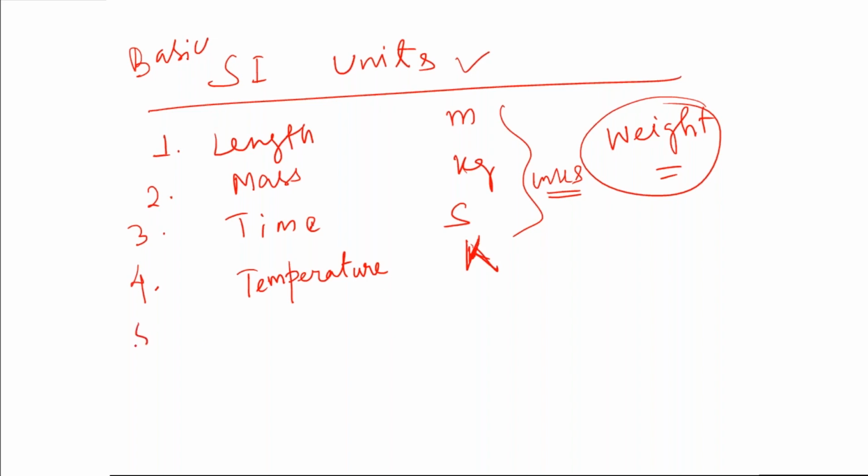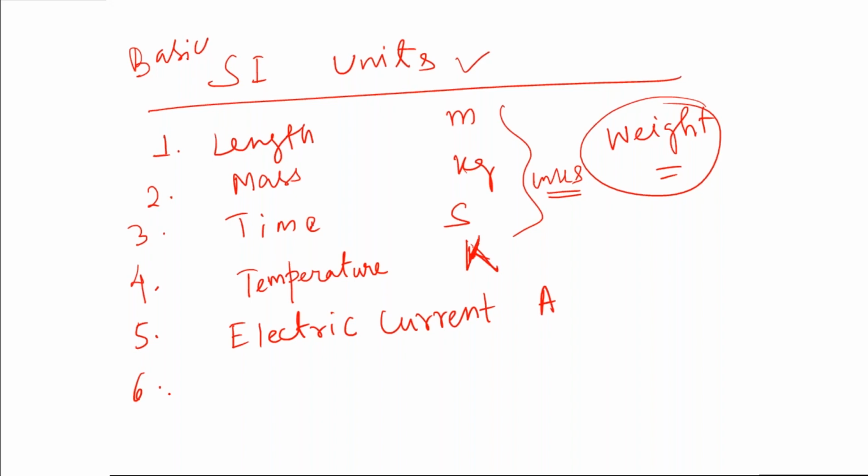Then the fifth one is electric current. These are taken as fundamental quantities. Electric current has the unit ampere, denoted by capital A. Then sixth is luminous intensity.